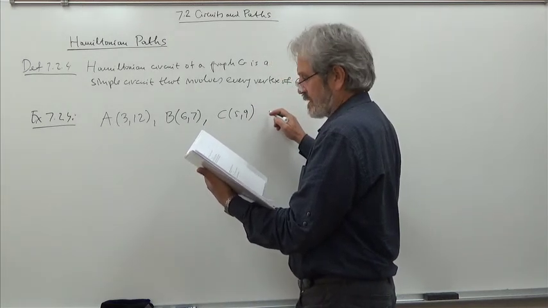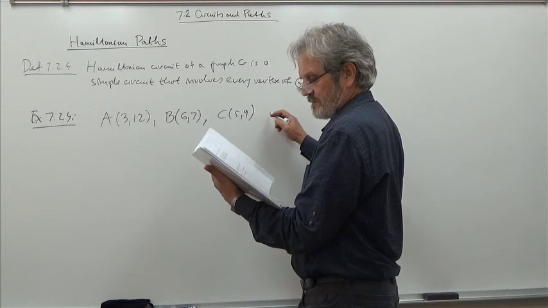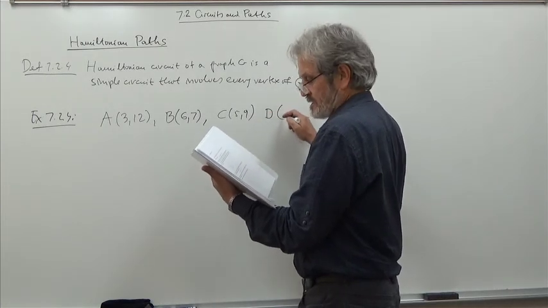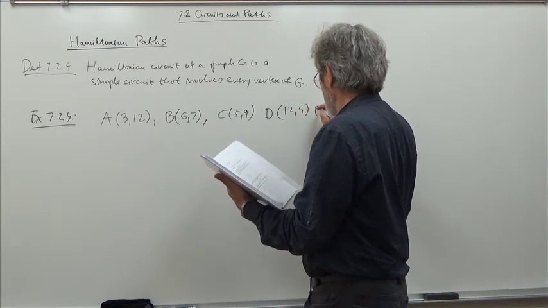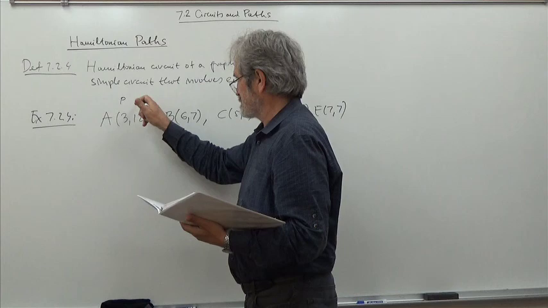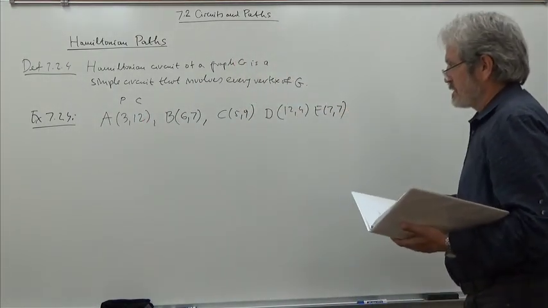There's one carpeting and one painting. The first number represents painting, because painting is done first. So D is 12.4 and E is 7.7. The first number is painting, the second number is carpeting.